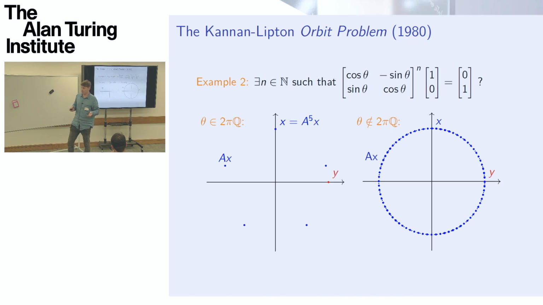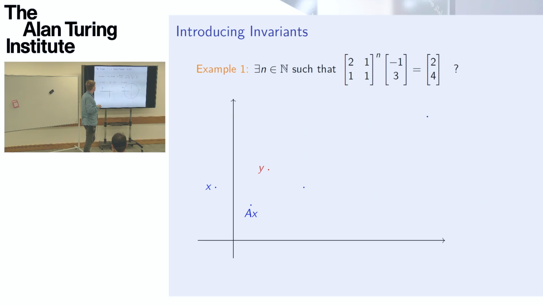This is the point where we start to see that maybe this problem is not so easy. It can happen that y is really, really close to the orbit, but actually not in the orbit. So that's the complicated case of the problem.